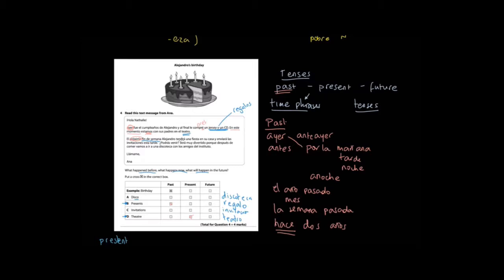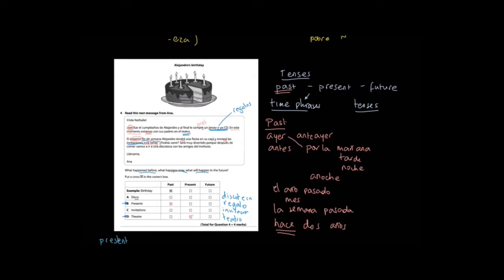Alejandro tendrá, future, una fiesta en su casa y enviará, he will send, future, las invitaciones, and I've got here invitations, esta tarde. Okay, esta tarde, this afternoon. So, el próximo fin de semana Alejandro tendrá una fiesta en su casa.